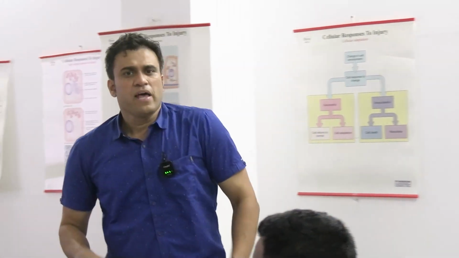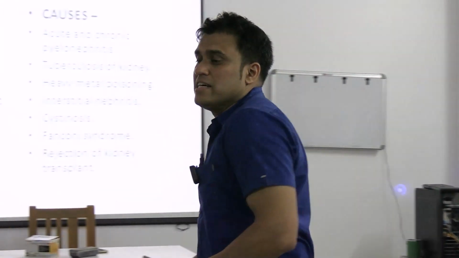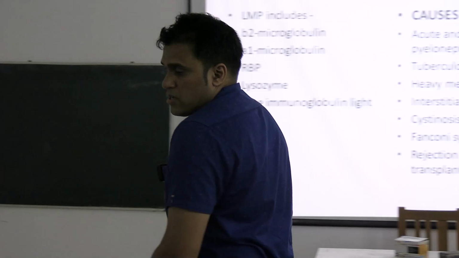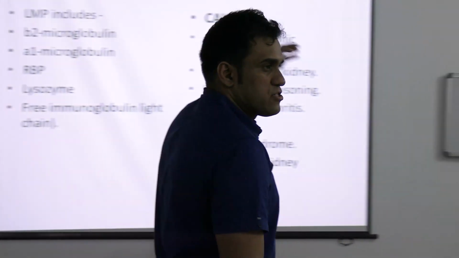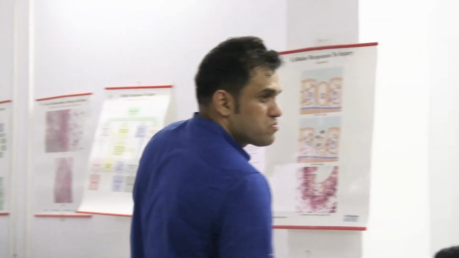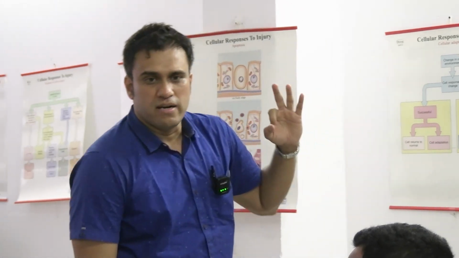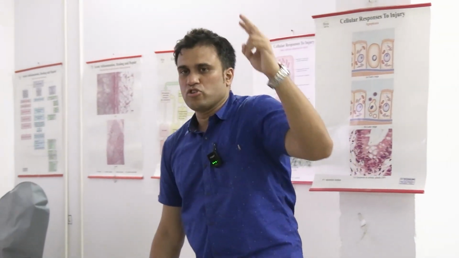The causes are acute and chronic pyelonephritis, interstitial nephritis, then cystinosis, Fanconi syndrome, rejection of kidney transplant, heavy metal poisoning. So these are the ones where the renal tubules are affected. That is why the protein excreted because of this is known as tubular proteinuria. So you get glomerular proteinuria. Now you have tubular proteinuria.